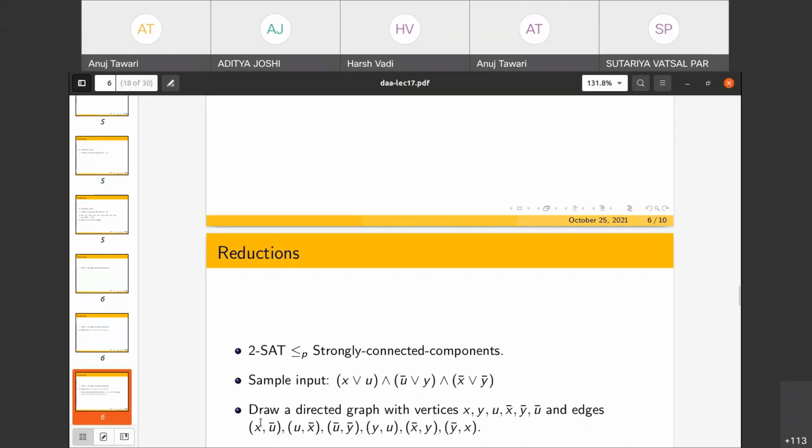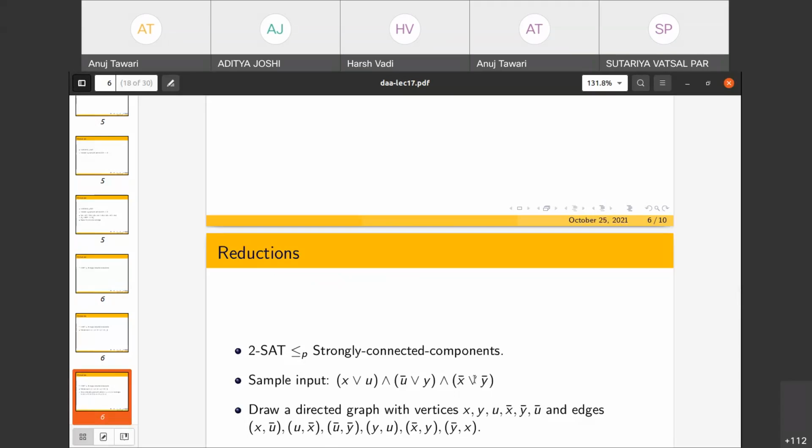So x is false and u and y are true. And if you look at this original formula, y is true, that means this thing will be satisfied. U is true, that means this thing will be satisfied. And x is false, that means x bar is true. So this thing also will get satisfied.